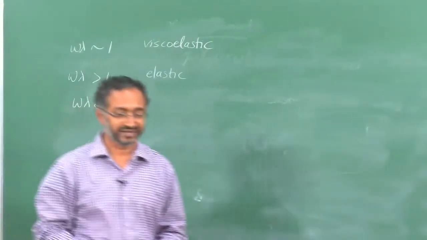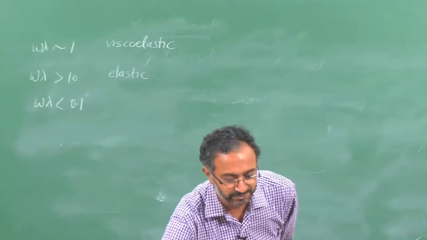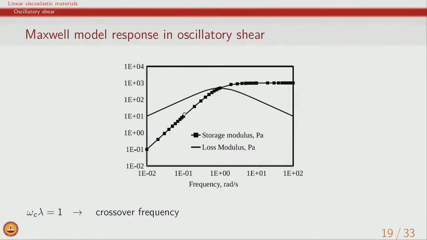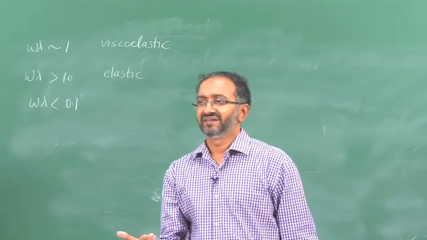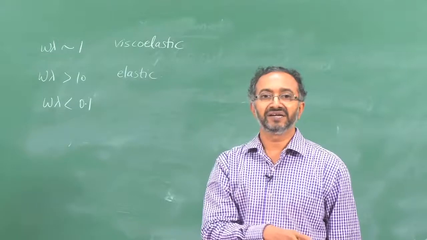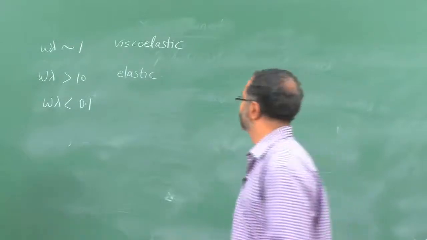You can see on the graph, by the time I reach 0.1 it has already become straight lines on this log plot and slopes are 2 and 1. Similarly, if I go to 10 times, G prime has already become constant and this also has become a slope of -1. So, just one decade this way and one decade that way gives us completely elastic or viscous response.